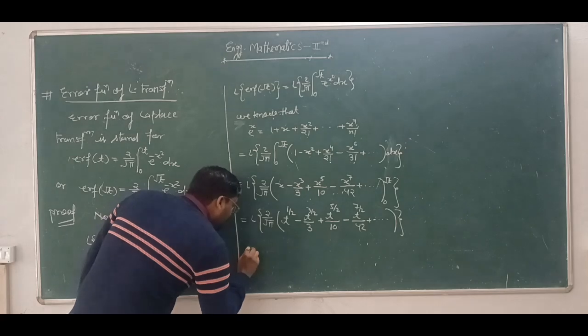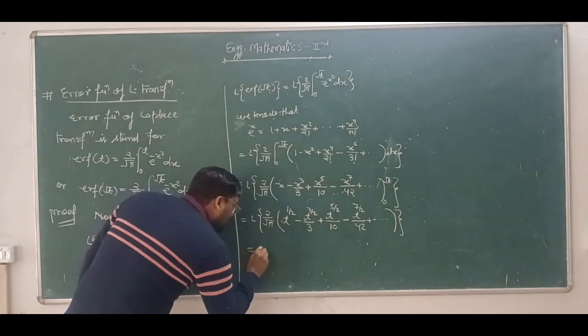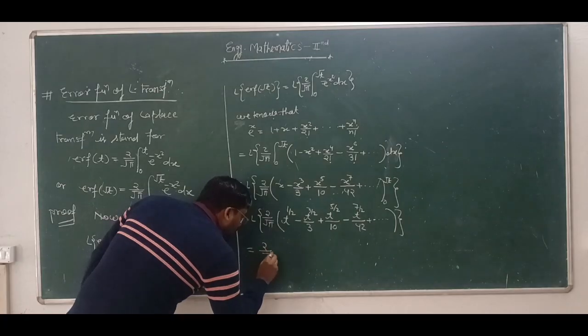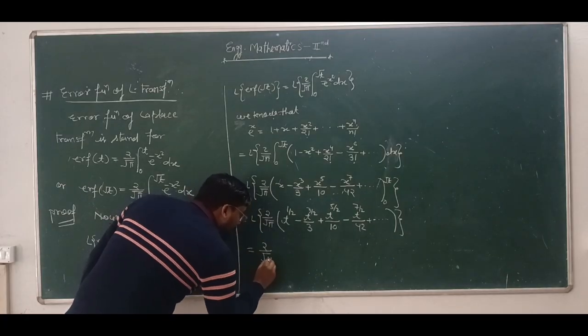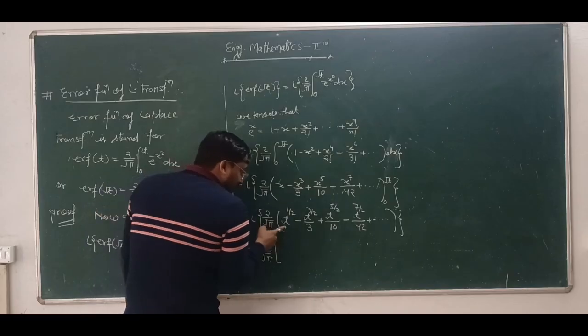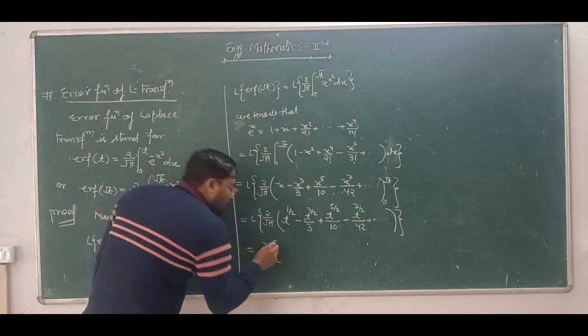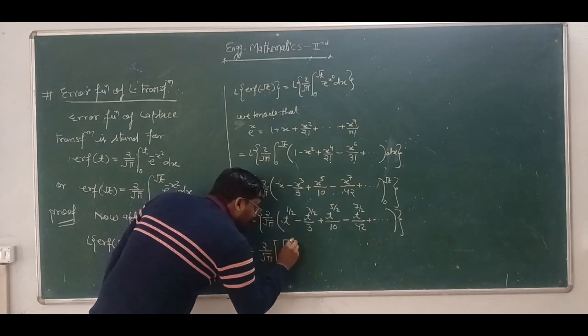Now using the Laplace of this function, 2 upon root pi, t to the power 1 by 2. Laplace of t to the power n is equal to gamma n plus 1 upon s to the power n plus 1.